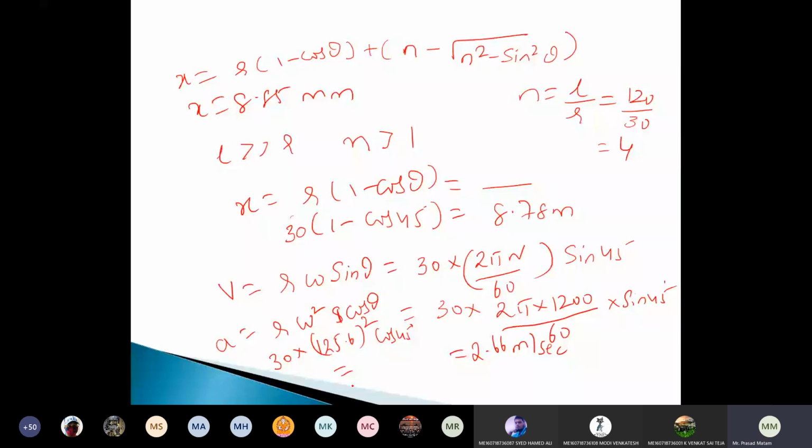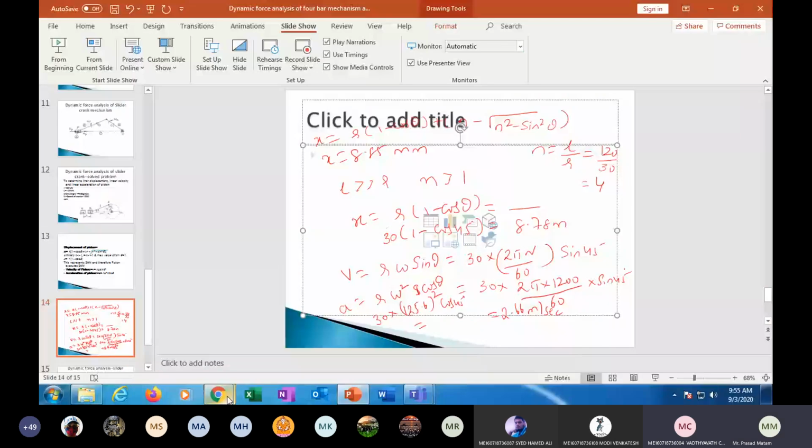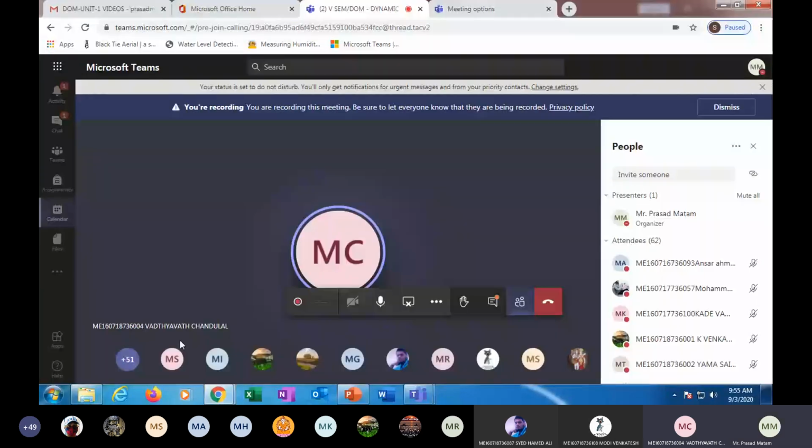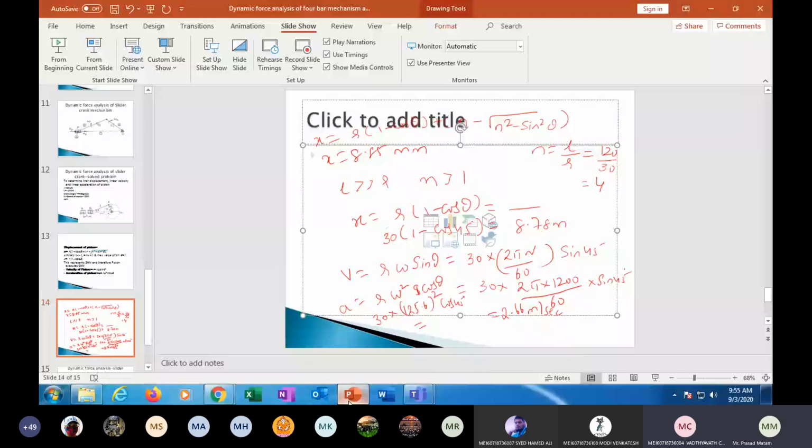Give the answer for acceleration A. What is the answer you are getting for A? Please answer. Anyone? Yes, answer. 255.